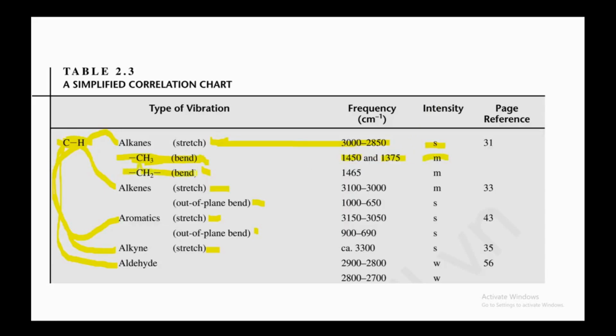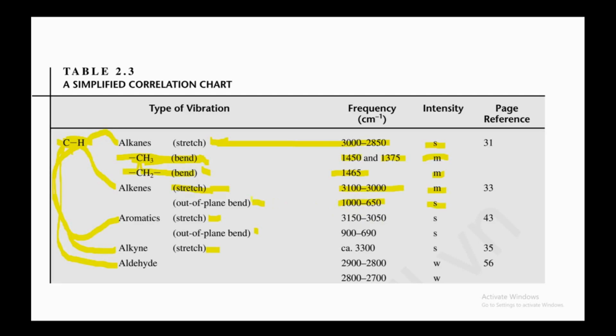The CH2 unit bending gives you a peak at 1465. Intensity is medium. Alkenes give you the stretching peak at around CH 3100 to 3000, and the intensity is medium. CH3 of alkenes gives you the peak at around 1000 to 650, and the intensity is strong.